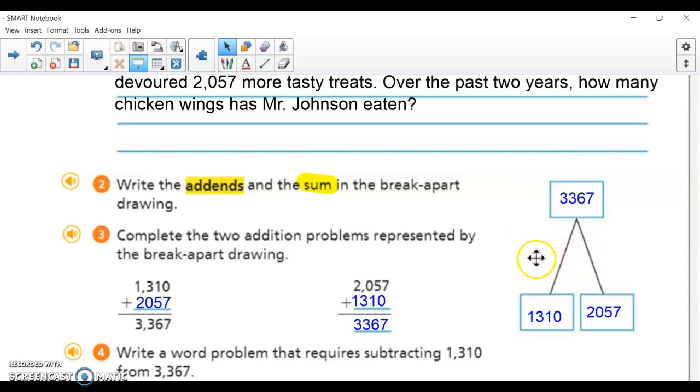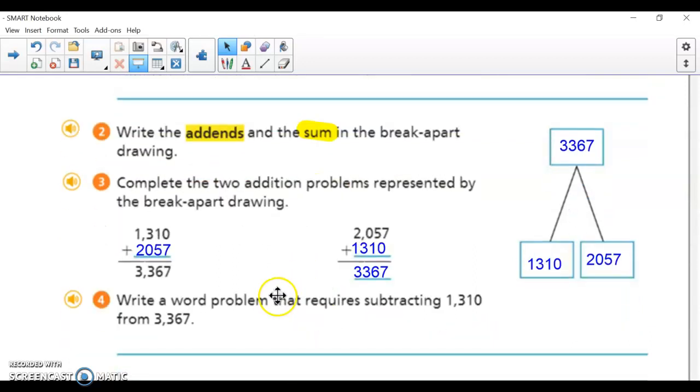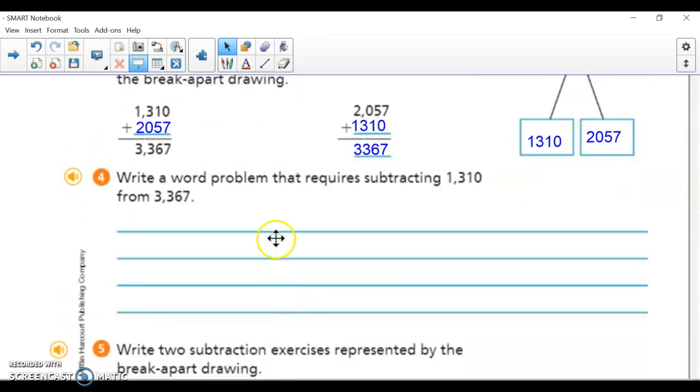So this is just a math break apart or a math mountain that we call for the number family of 1,310, 2,057, and 3,367.